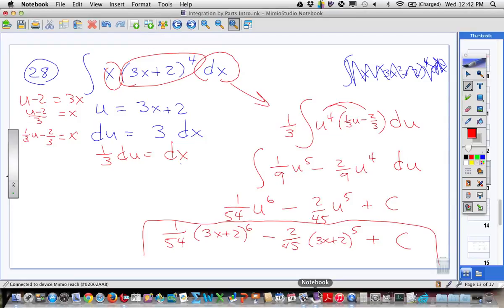So we did 31 in the other class. We did 31, and very much like this, and we typed it in, and it came out and said true. So a lot of times when you've done one and you want to see if you did it right, that is an option. If it keeps giving you false, or if you did it right and then it messes you up, well, life's not fair.